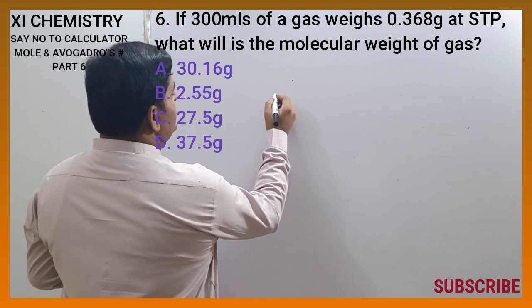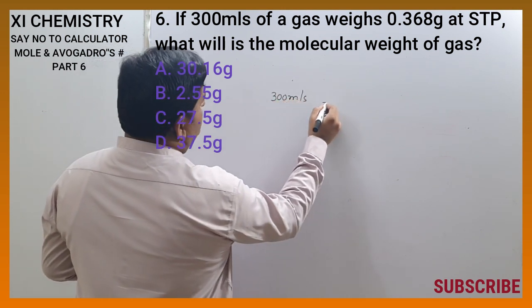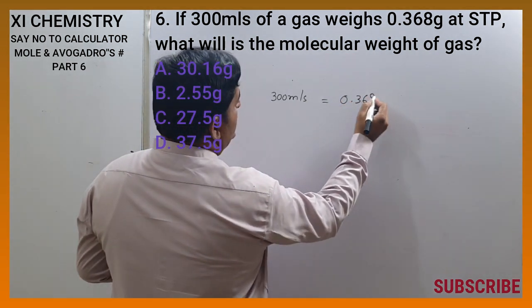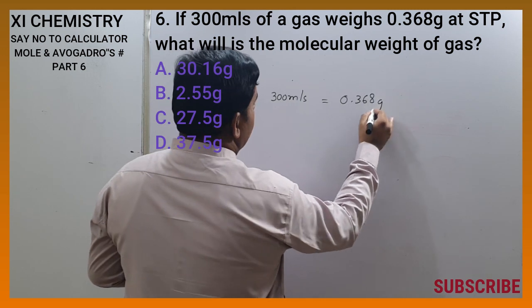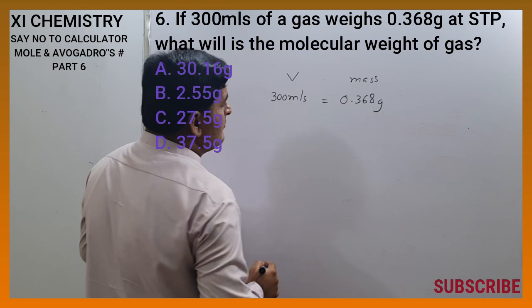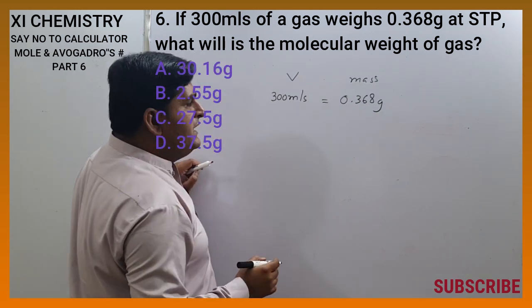The given information is that 300 milliliters is equal to 0.368 grams. So this is the volume, this is the mass, and the volume is given in milliliters.